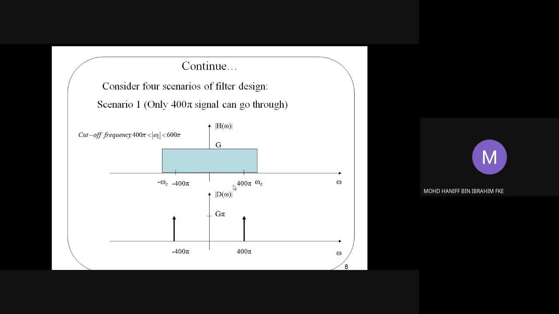Previously we know that C(ω) has an amplitude of π and H(ω) has an amplitude of G, so the new amplitude is just the multiplication between them, which is Gπ.